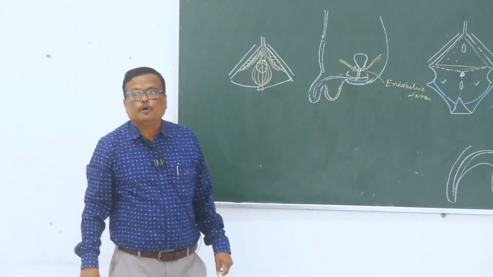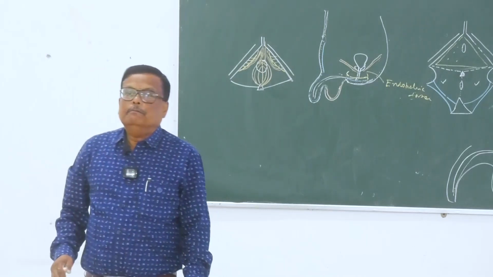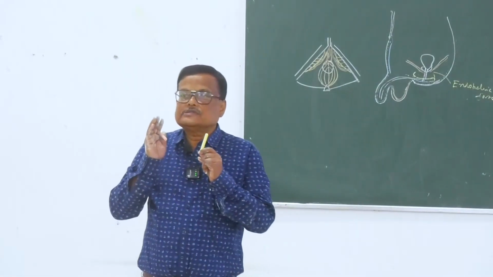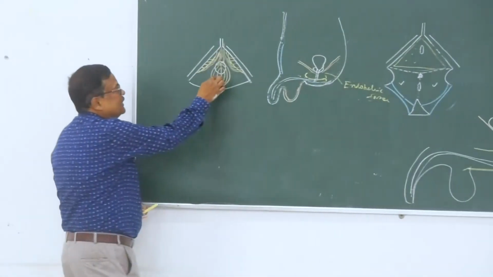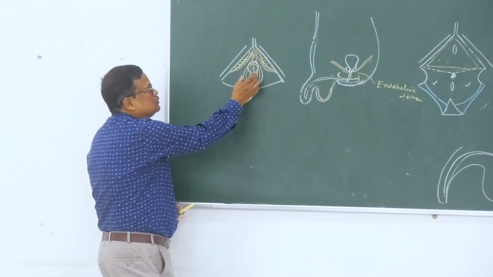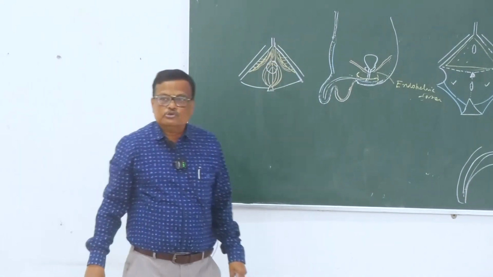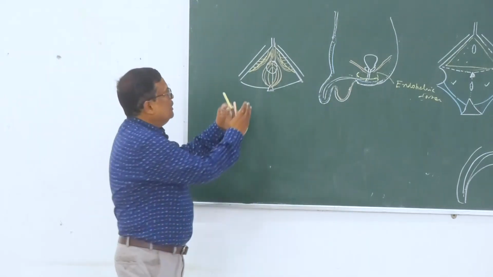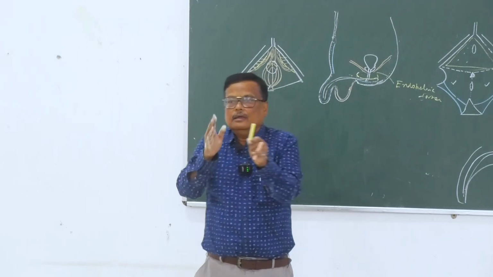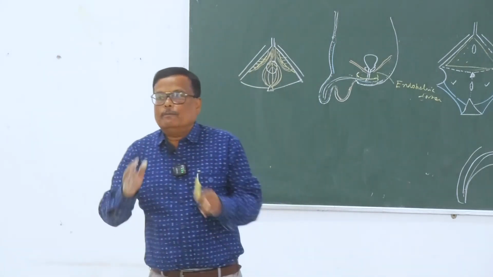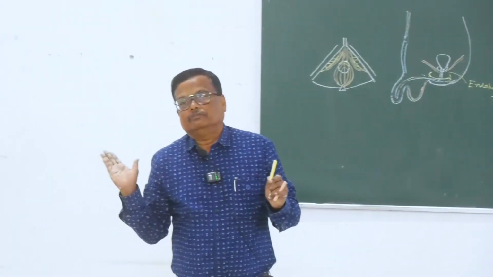We call bulbospongiosus. In female, bulb of the vestibule. In male, this bulbospongiosus is single. Right and left have joined together to form a single muscle, bulbospongiosus. In female, there is a cleft gap. So bulbospongiosus muscle is also divided into right half and left half.